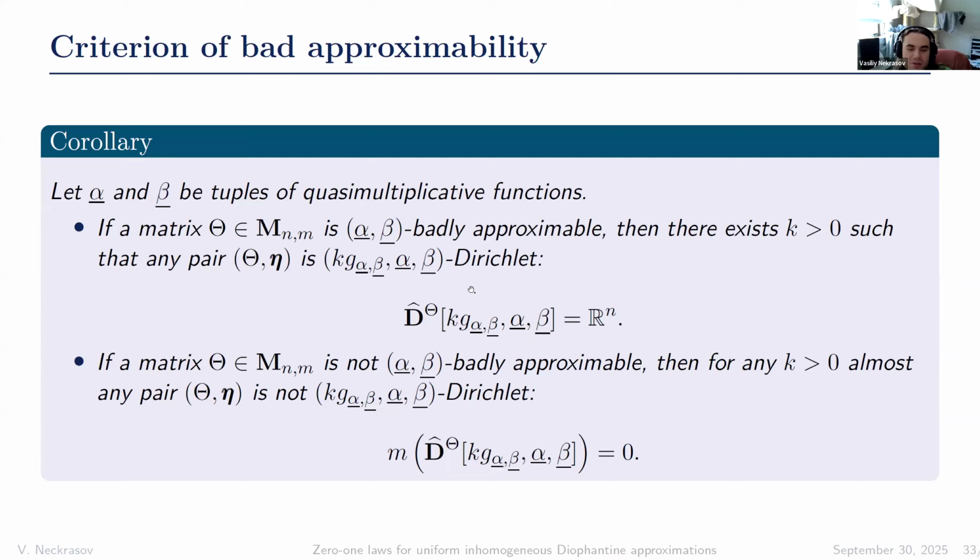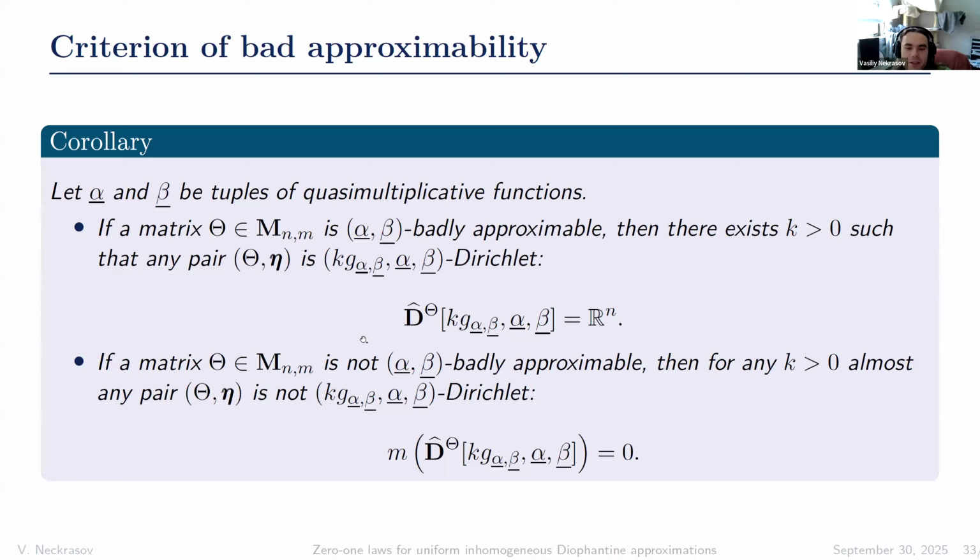If you are not used to these abstract functions, you can think of the classical setup, and this G alpha beta just becomes our function f1, which is the function 1 over t. So almost any pair is Dirichlet with this function G, in particular f1.